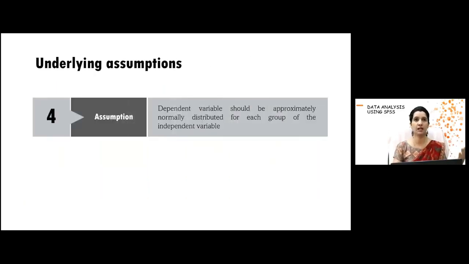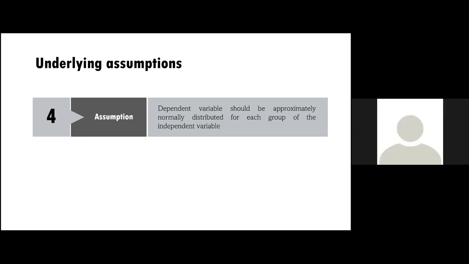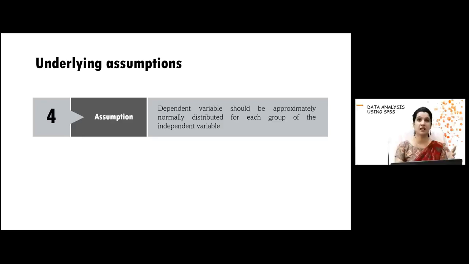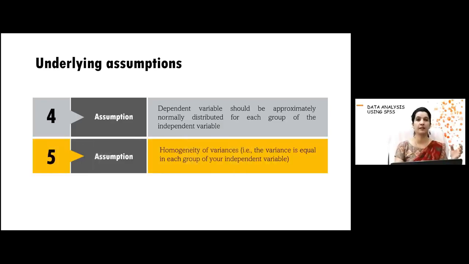The fourth underlying assumption is that the dependent variable should be approximately normally distributed for each group of the independent variable. In the one sample t-test, we tested this, but we did not test the systolic blood pressure along any category. Here you will see that we test this across the independent variable.